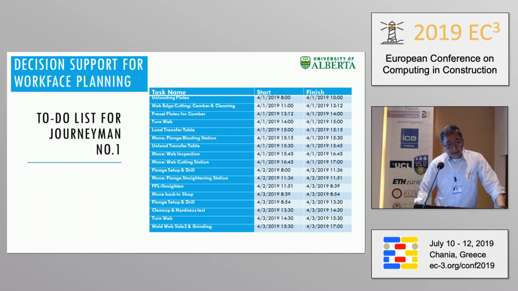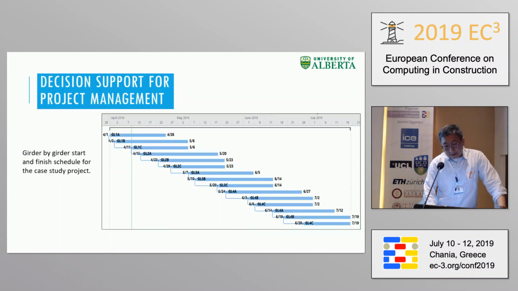Here's one example, the to-do list for the journeyman, welder number 1. It can be minute by minute or hour by hour, and which girder, which bridge, very specific. Similarly, we can roll up the simulation results to provide decision support for the project manager. In this slide, you just see the start-finish time for each individual girder. It will be presented to the client or to the field crews who are preparing for installation.